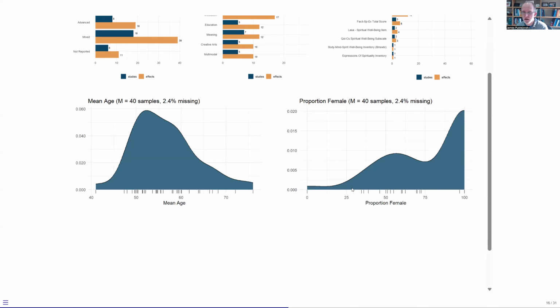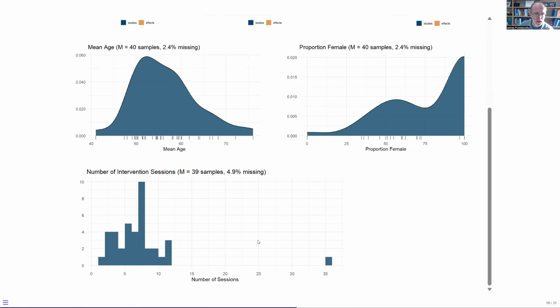Most of the studies are a mix, but there are a couple of studies that have nearly 100% female samples. Drilling into this, we find these are mostly studies specific to samples of breast cancer patients and survivors. So that makes you think about the interpretation of this particular study characteristic, and whether we might have to think about other things if we're trying to understand variation in effects based on the proportion female.